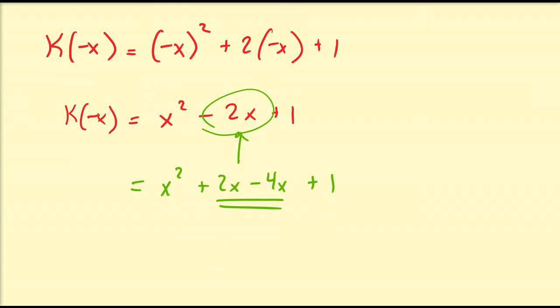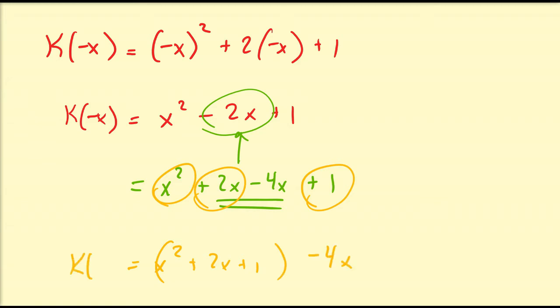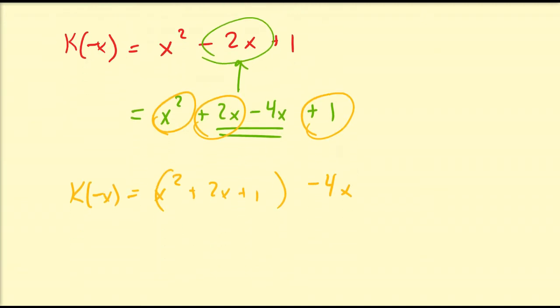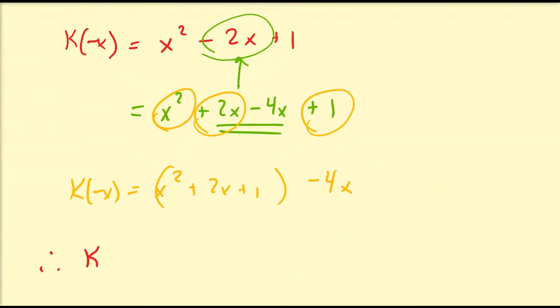So what do we have here? Well, we know that x squared plus 2x plus 1 is precisely the definition of k of x, and we have this negative 4x out here. So we have that k of negative x is the same as k of x minus 4x.